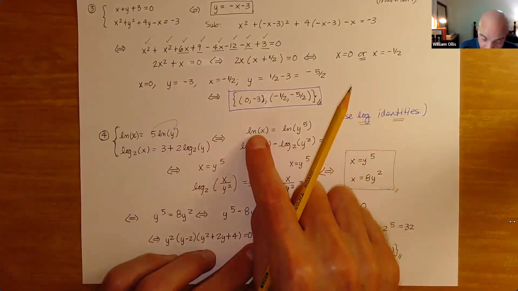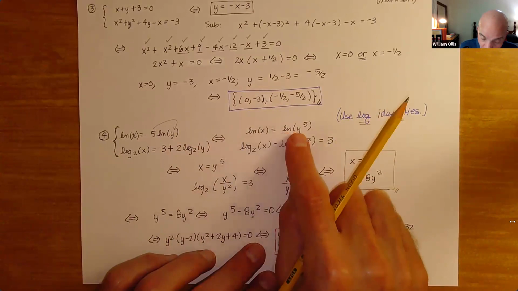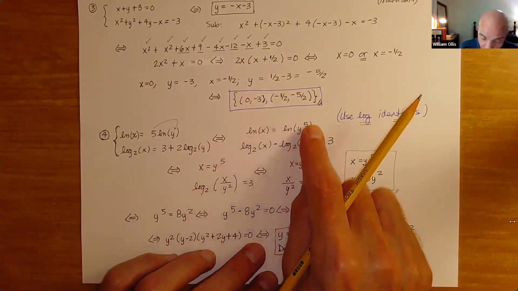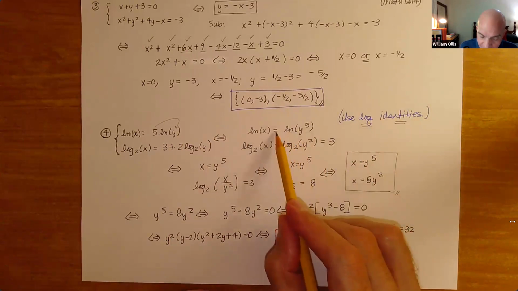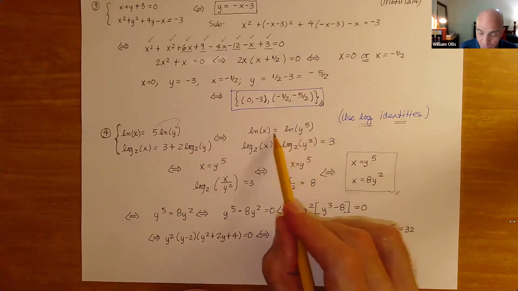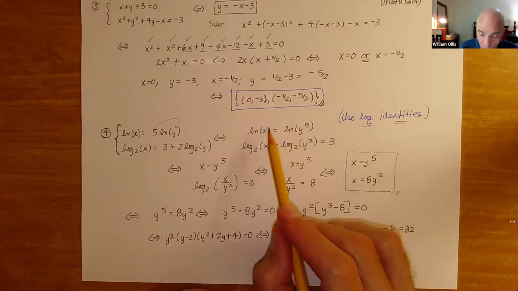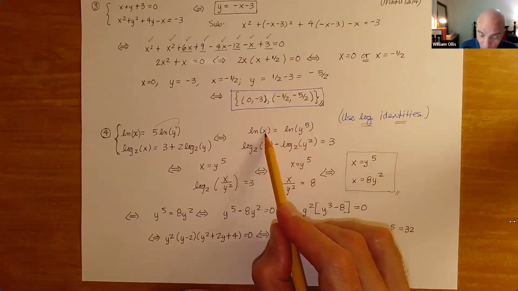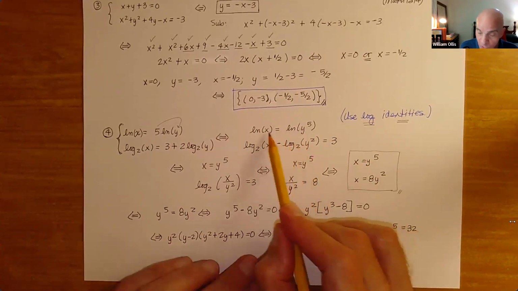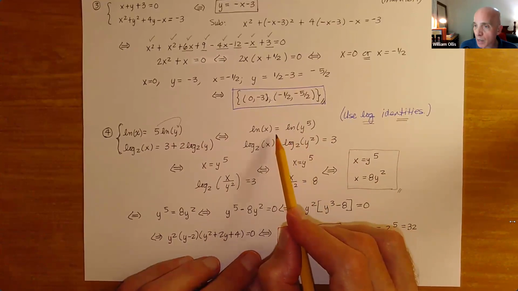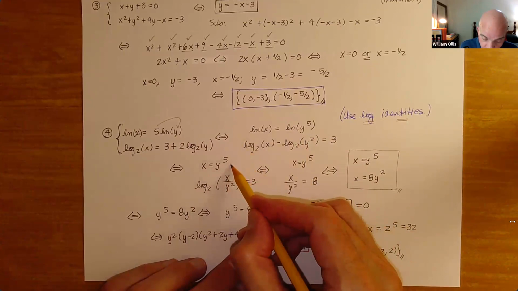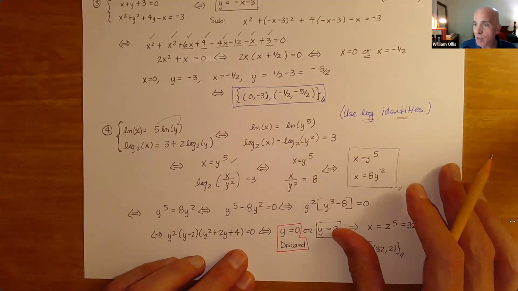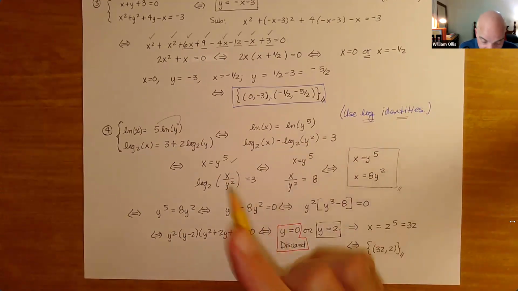And so we have log of x is equal to log of y to the 5th power. Now, of course, the first thing we can get from that is that we have the one-to-one property for logarithms. So we can now equate the arguments of the logarithms because we have the equality of the logarithmic functions. So x equals y to the 5th.